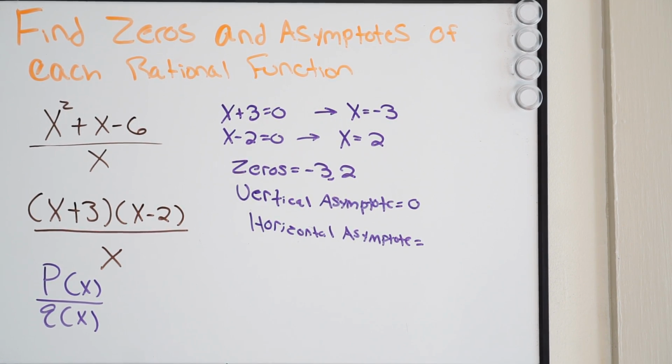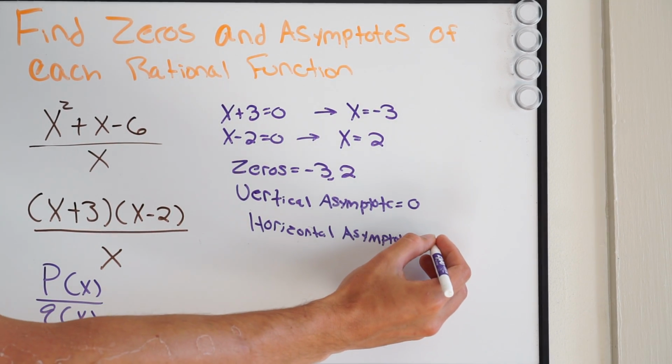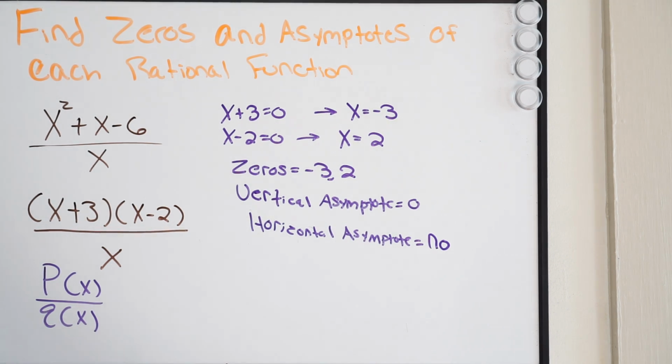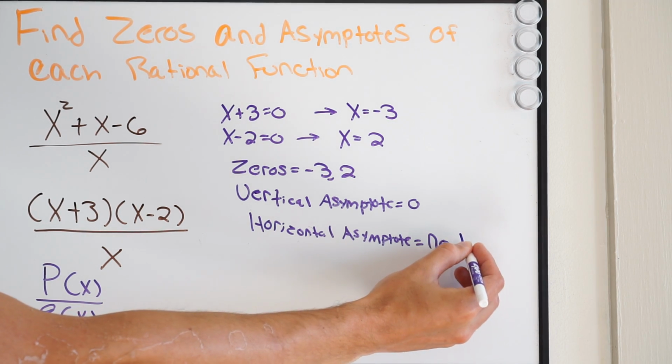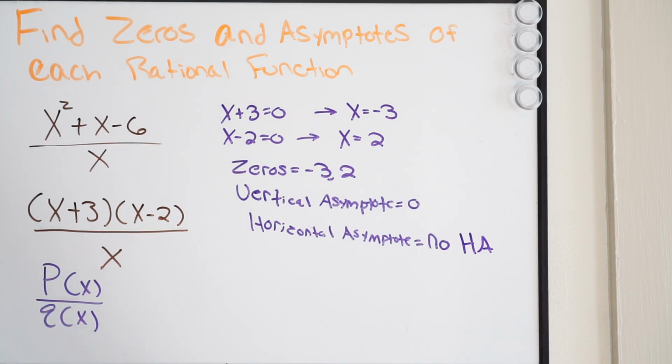If the degree of p is greater than the degree of q, that tells us there is no horizontal asymptote. Looking here, the degree of p is greater than the degree of q, so there's no horizontal asymptote. That comes right from the rules in the previous video. I'll put HA to abbreviate: no horizontal asymptote. This problem would now be done.